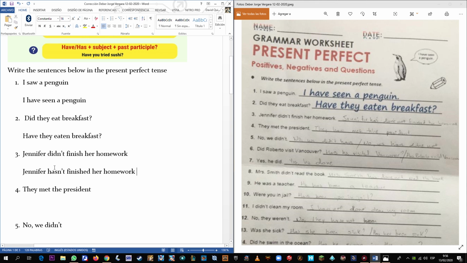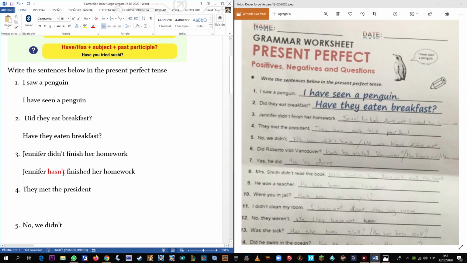And that's it. We have to use has plus not because the sentence provided is negative, and we have to change it to present perfect. It means that we have to use another auxiliary verb instead of did, and in this case it is has, because Jennifer is a third person pronoun.